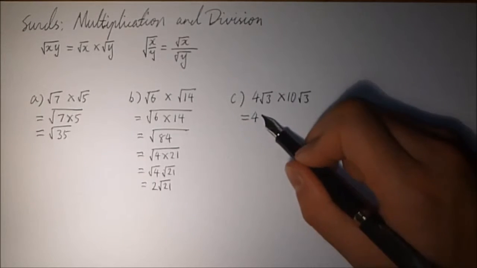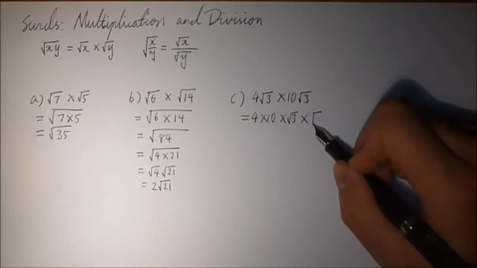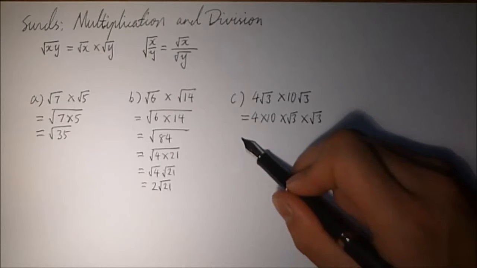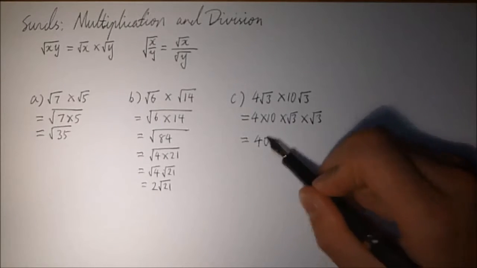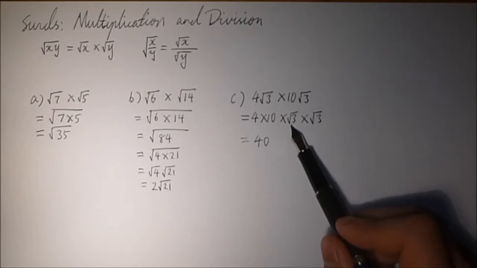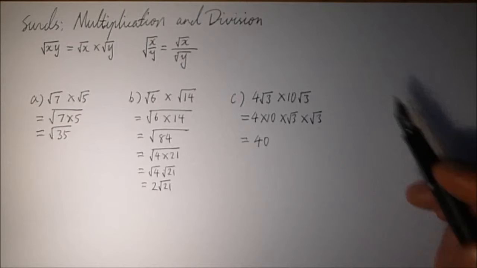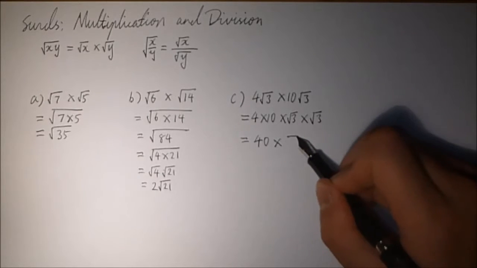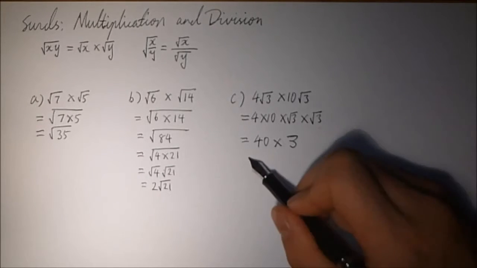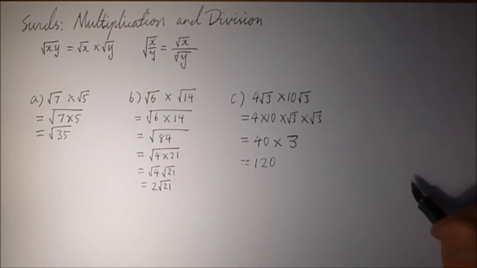So we can have 4 times 10 times square root of 3 times square root of 3. So 4 times 10 gives you 40, and if you're astute, you can see that square root of 3 times square root of 3 would give us 3. So we end up with 40 times 3 gives 120.